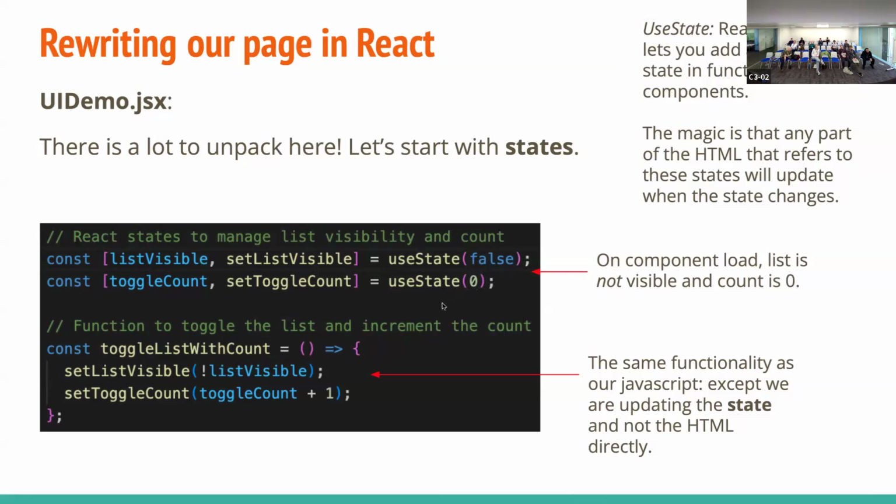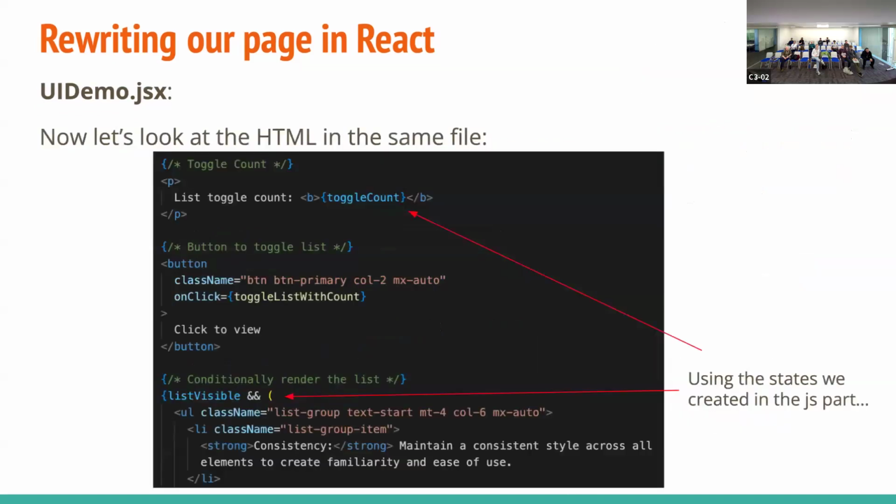So we have a single function just as we did before, except rather than updating the HTML directly, we're updating these variables that we've just created using the setters. So again, set list visible is either true or false. It toggles whether the list is visible or not. Equally, the count is incremented. Very simple. But the HTML in the same file uses these variables directly.